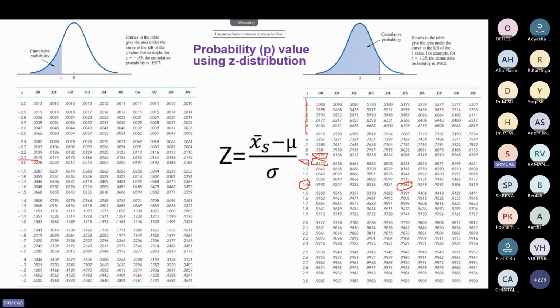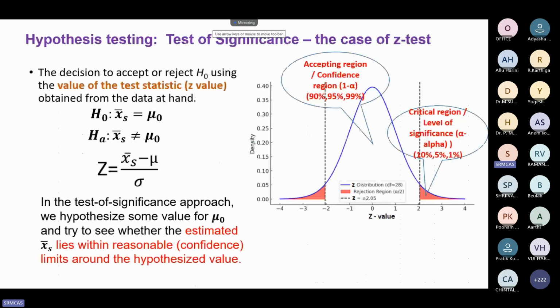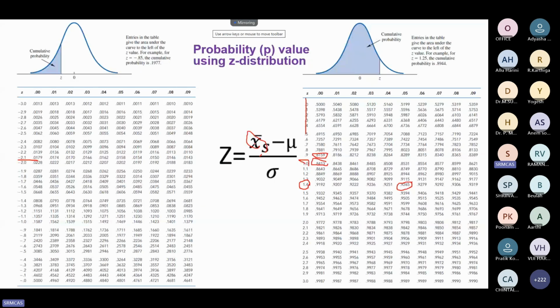Like that, by looking at the z values, we can locate the probability value of the estimated value. This will be useful in estimating the probability of committing type 1 error.